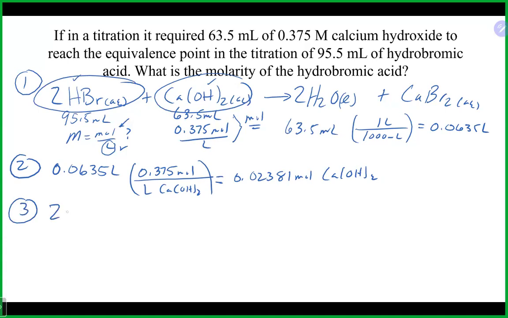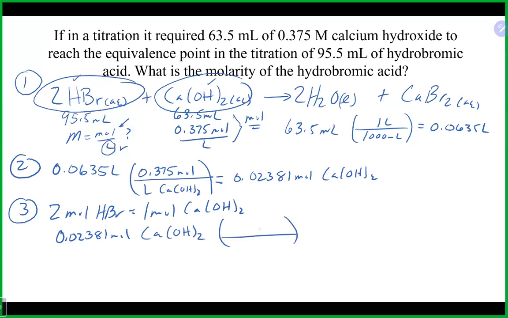And from the equation, we see 2 moles of HBr equals 1 mole of calcium hydroxide. So that is what we're going to use to do that. So we'll take our number from above, 0.02381 moles of calcium hydroxide.